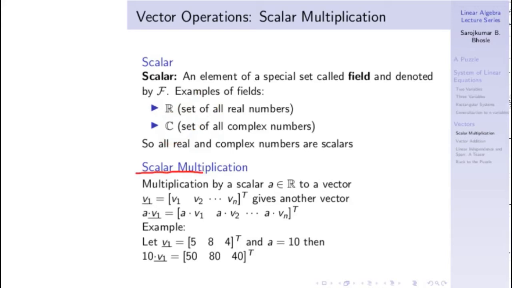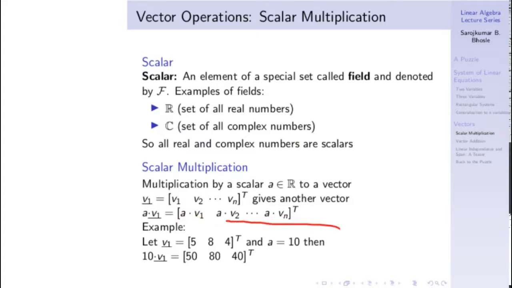Now scalar multiplication of a vector means multiplying a vector by a scalar. If we multiply a scalar a, which is an element of R, meaning a is a real number, to a vector v1, we get a new vector whose every component is multiplied by a.